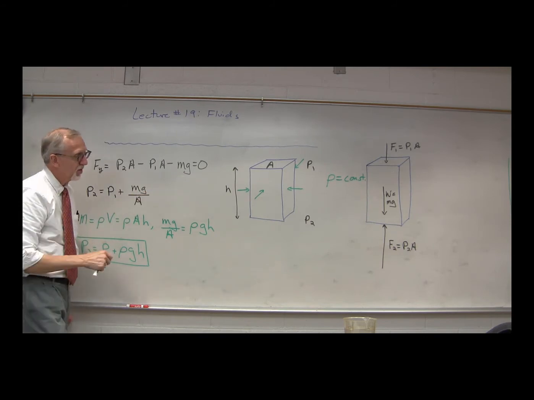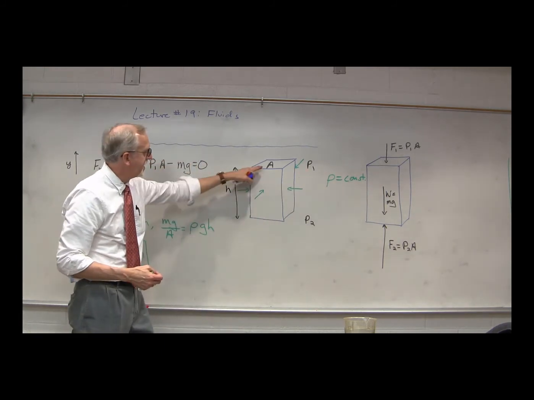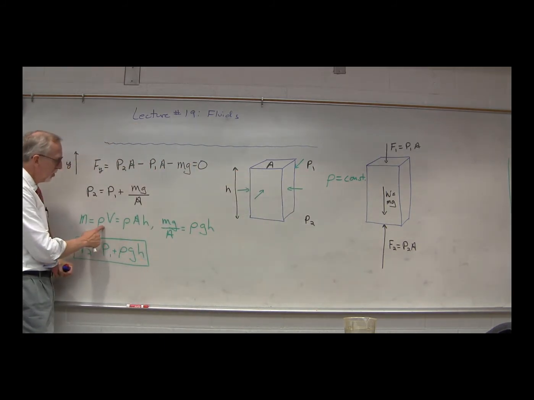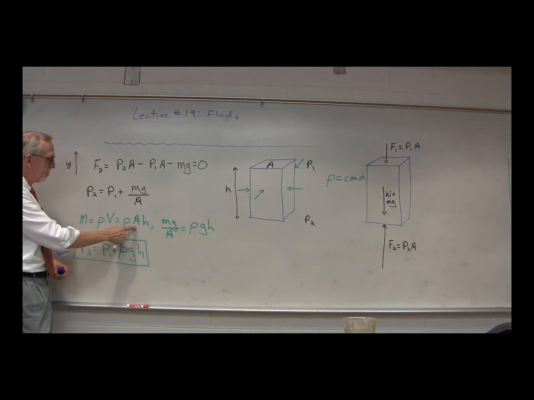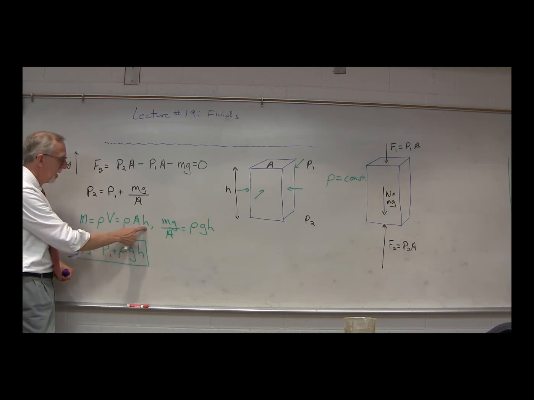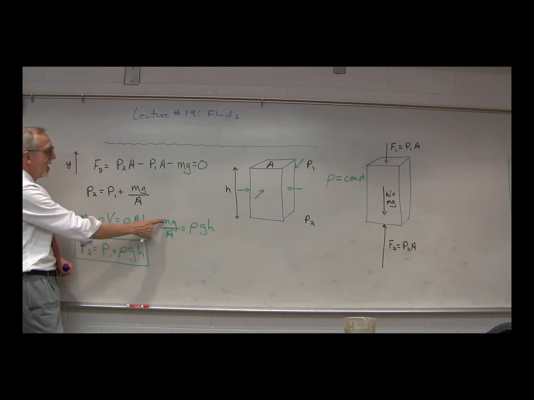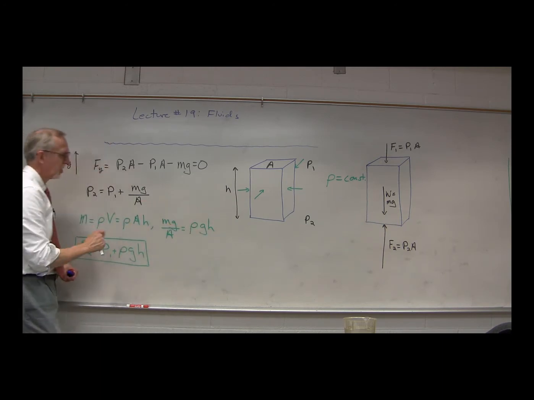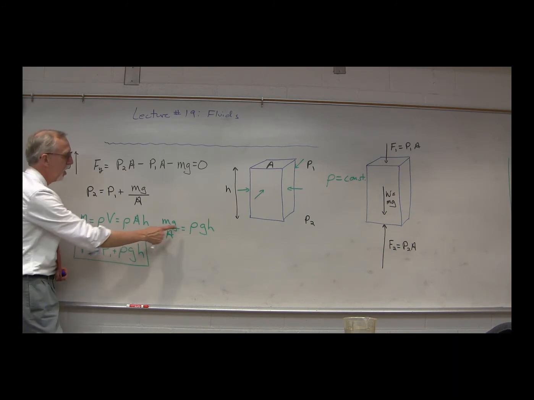Now what's the volume? Well, the volume of a rectangular box is just going to be the area of the base times the height. In other words, A times H. So the mass is rho times A times H. Multiplying by g and dividing by A, we divide off the A, multiply by g, and we have mg over A equals rho gh.